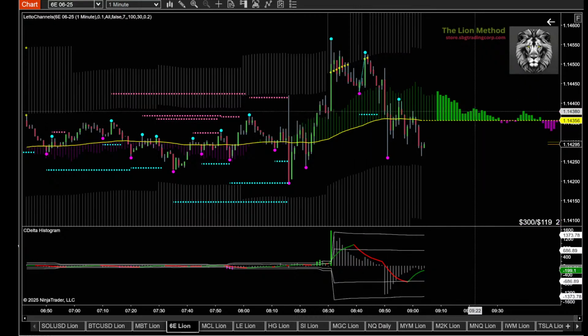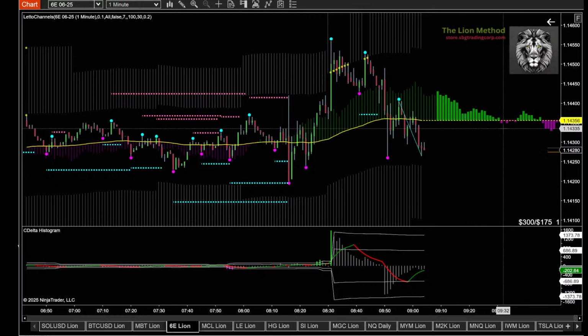Now, the one thing is the tendency histogram is positive. So what this is telling us, again, is that it's not necessarily uptrending. What it's telling us is that the market tends to be above the 100 during this time of day. Very simple. This time from roughly 8:15 in the morning until 9:30, the market has been tending to be above the 100.